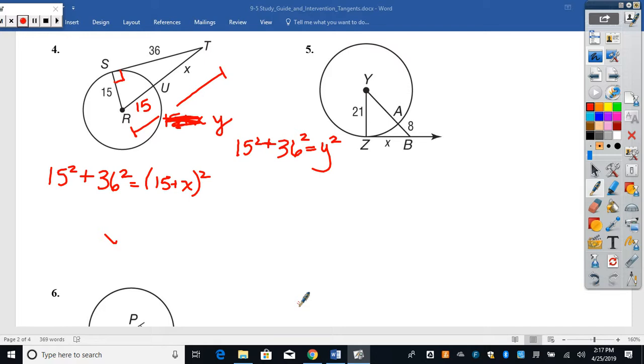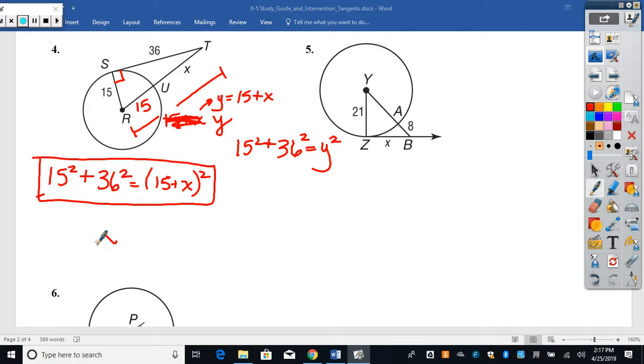Well, since y is equal to 15 plus x, all we have to do is take whatever the y value is here and subtract 15, and that'll give you your x value. So you can do either one, but if you were to work this one out, it's got some really neat math in there, but at the same time it's a little more complicated. And so I would do it in terms of y. I think it's a lot easier.